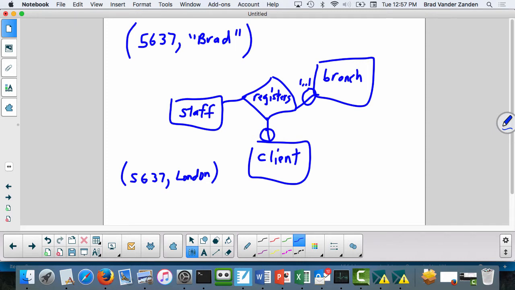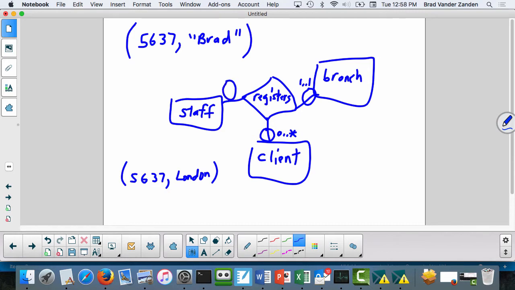Well, a bad one may have registered none, or may be a manager who doesn't work with clients. And a good one, presumably, has done a lot. So 0 to many, because one person at one branch could presumably register 0 to many clients.